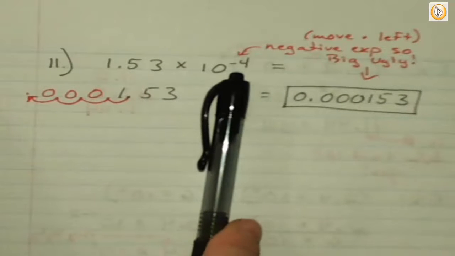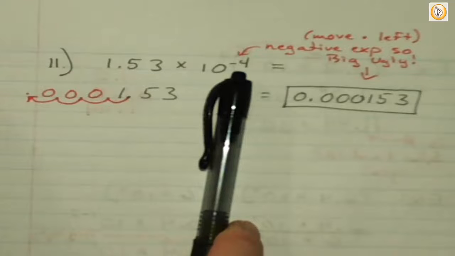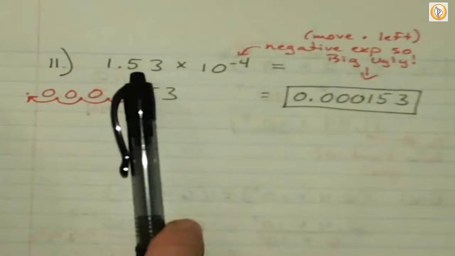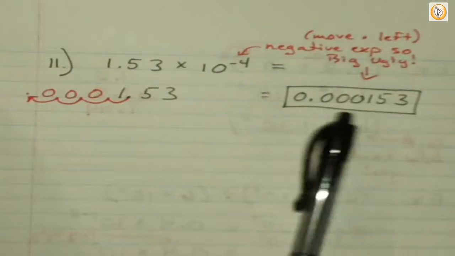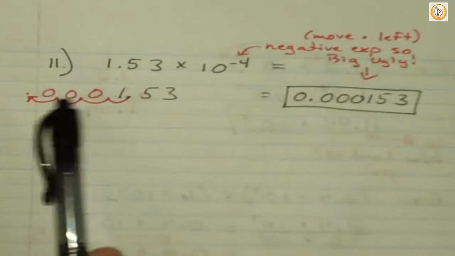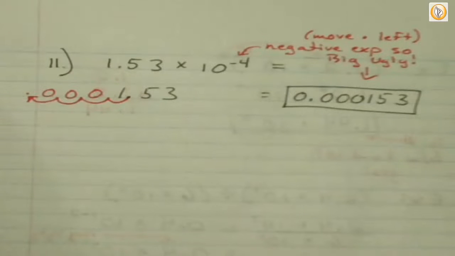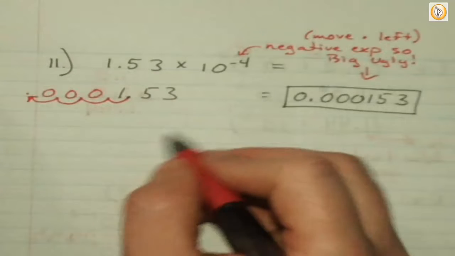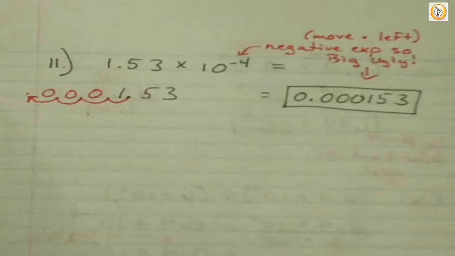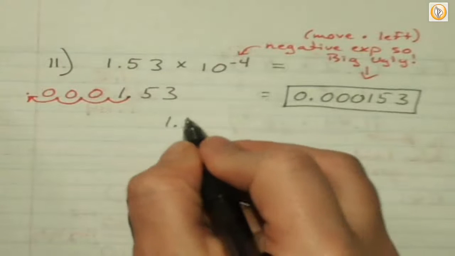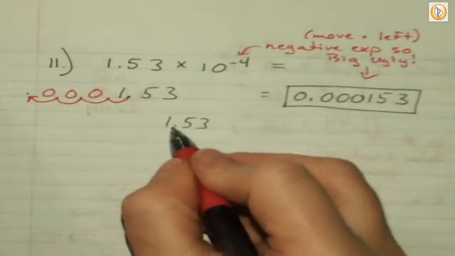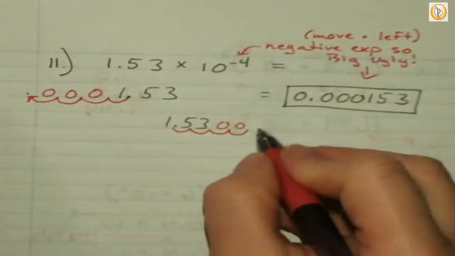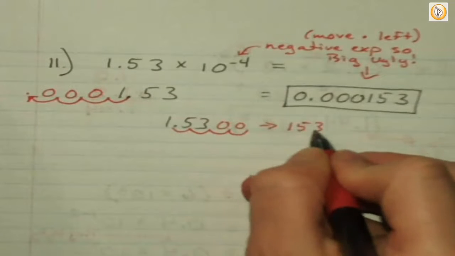Again, if the exponent is negative in the scientific notation, then the standard, the regular number, needs to be a big ugly. So you need to move it to the left. If you don't remember whether to go left or right, watch. If I were to have 1.53 and move it 4 places to the right, 1, 2, 3, 4, I would have this number.